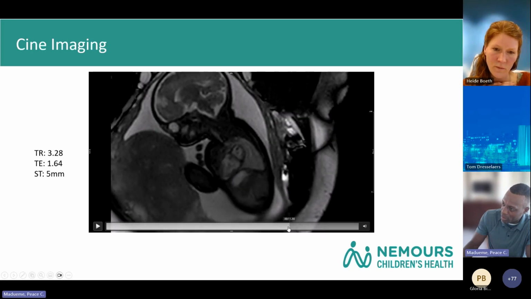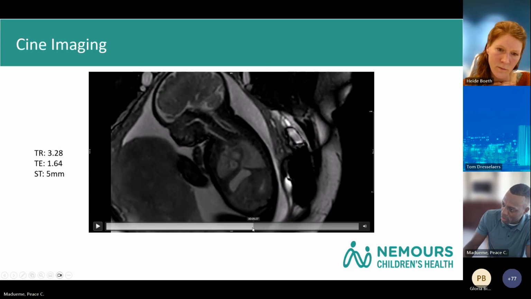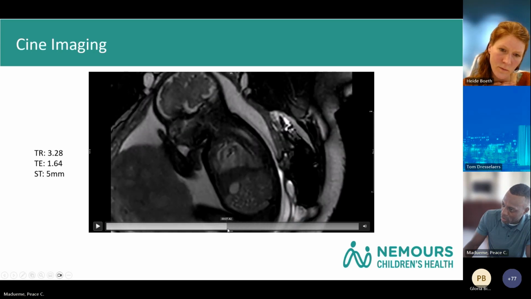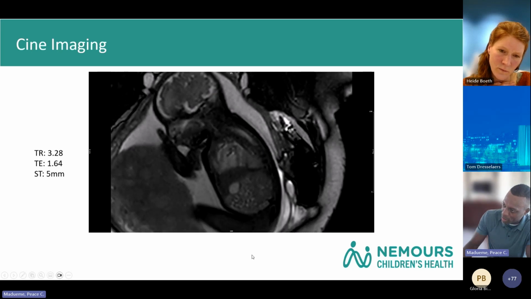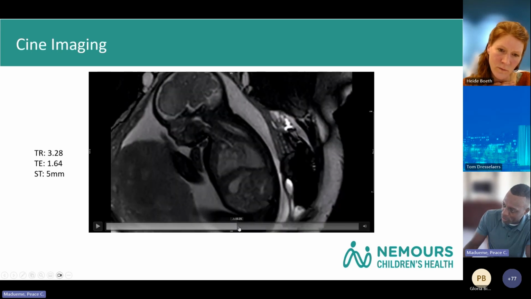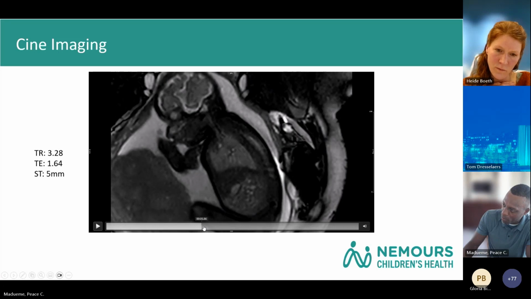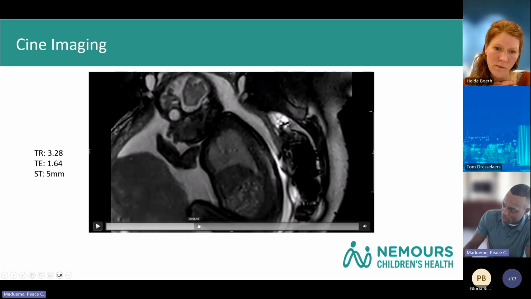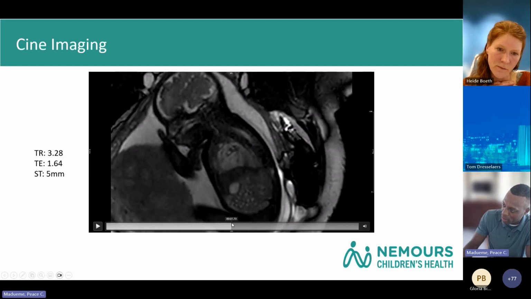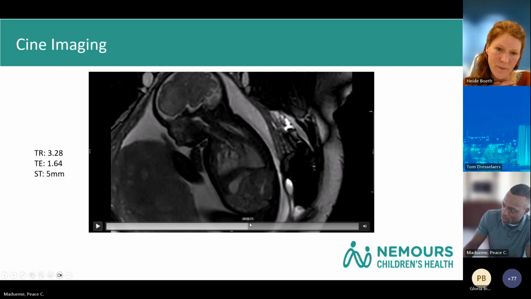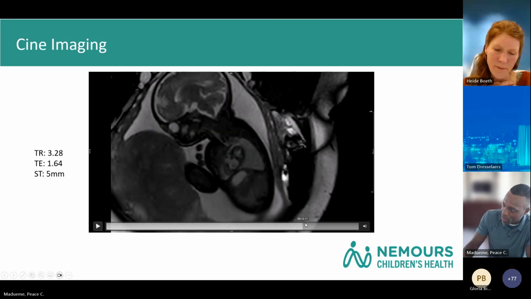We see a ductal arch right here. And then we're also seeing that there's 2 outflows coming out of that right ventricle with a subpulmonic conus, with some flow acceleration. Good function that we see both on the left and the right.